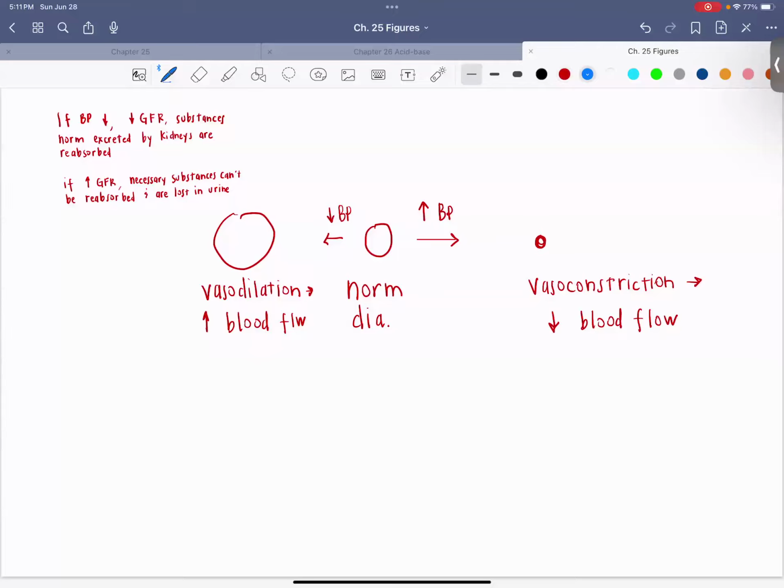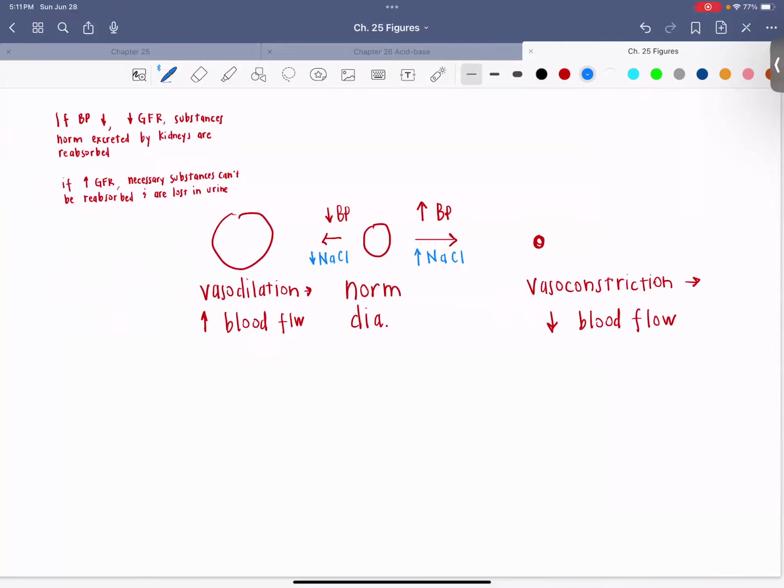The tubuloglomerular mechanism monitors the amount of sodium chloride that's in the filtrate. If levels are too high, same thing, the afferent arteriole is going to constrict, reducing blood flow into the kidneys. And if the levels are too low, that afferent arteriole is going to open up wide.